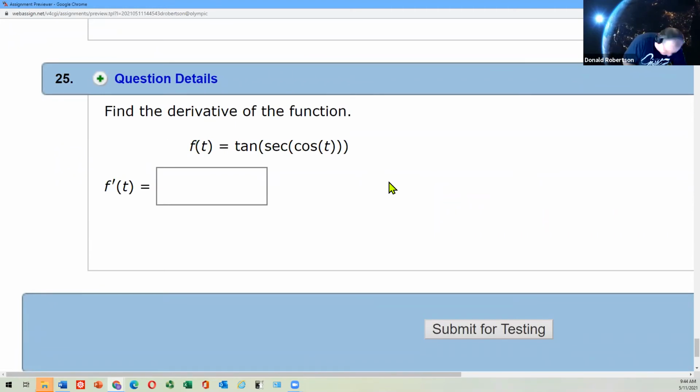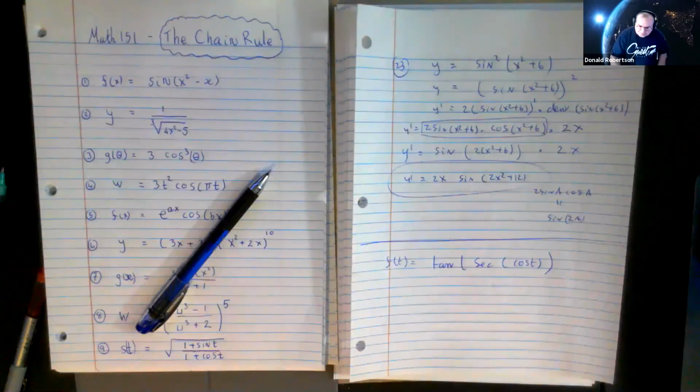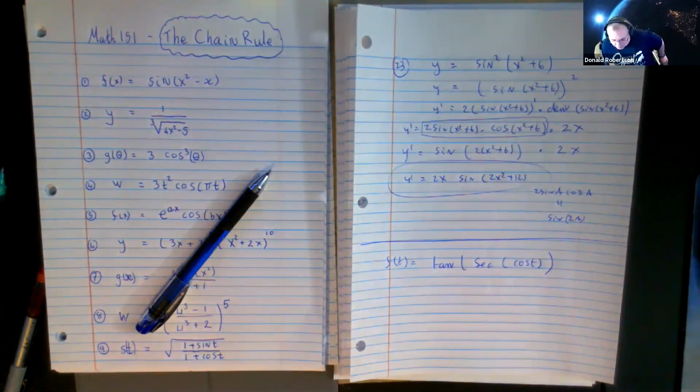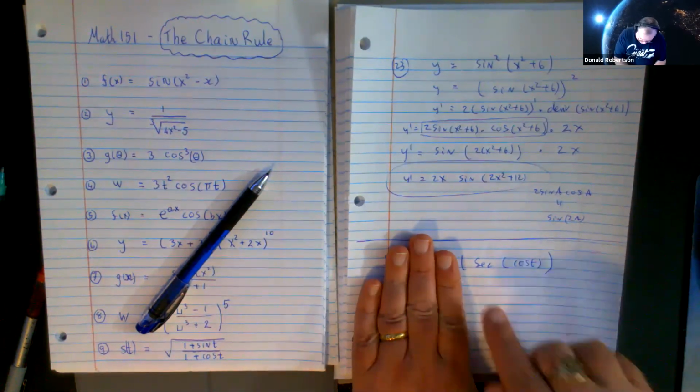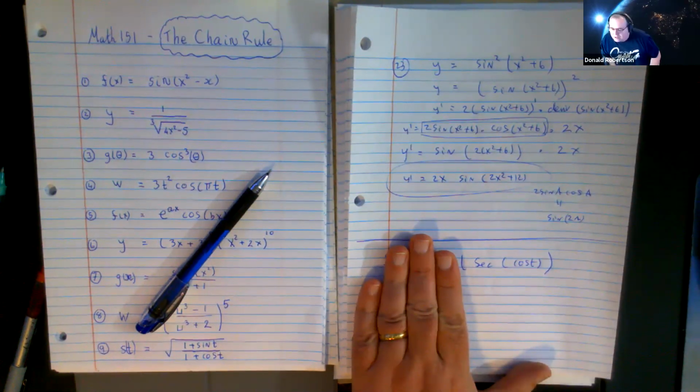F of t is the tan of a secant of a cosine. This is the ultimate ugly chain rule inside a chain rule. And a lot of people, especially when there's only two terms, see that wrongly as a product rule.